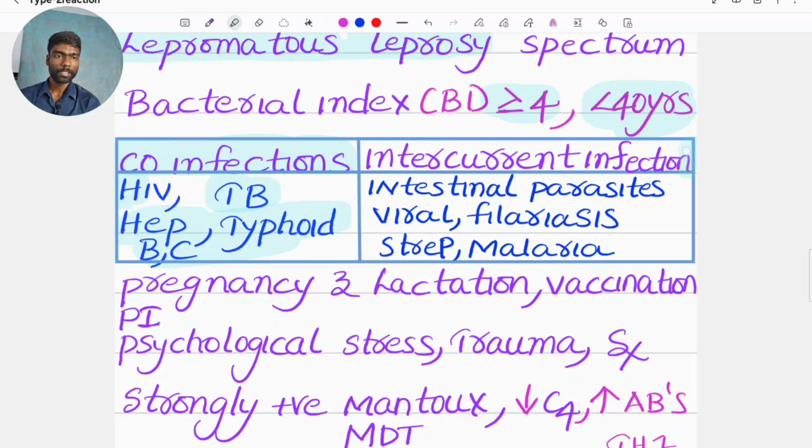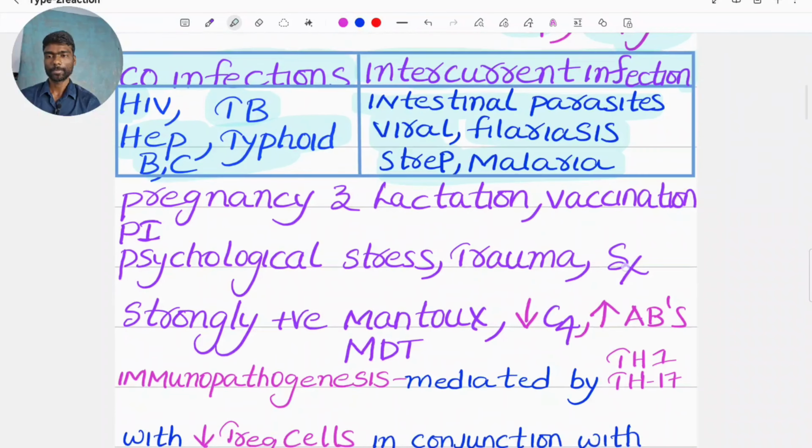Intercurrent infection means the patient already has one disease and in between another disease occurs, leading to worsening of the disease or to complications like leprosy reactions. Intestinal parasites, viral infection, streptococcal infection, filariasis and malaria, which are parasitic infestations.